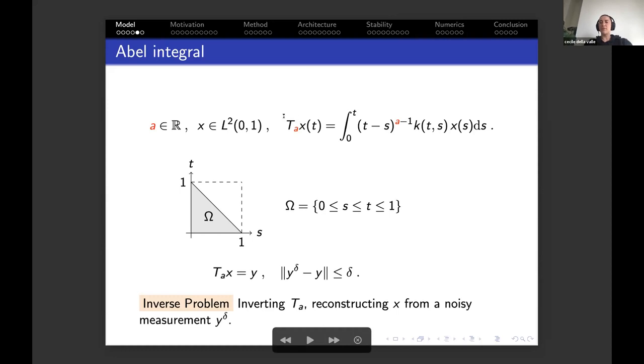This operator is well defined from L2 to L2 as long as k is an operator from L2 to L2 and x is also, of course. So now the measurement that I have is y, which is the image of x.